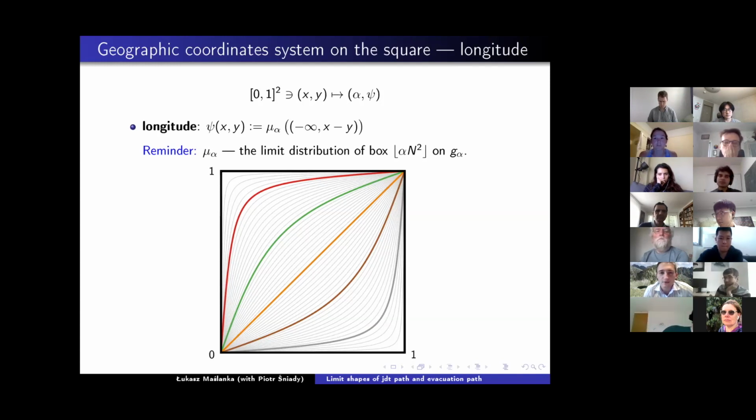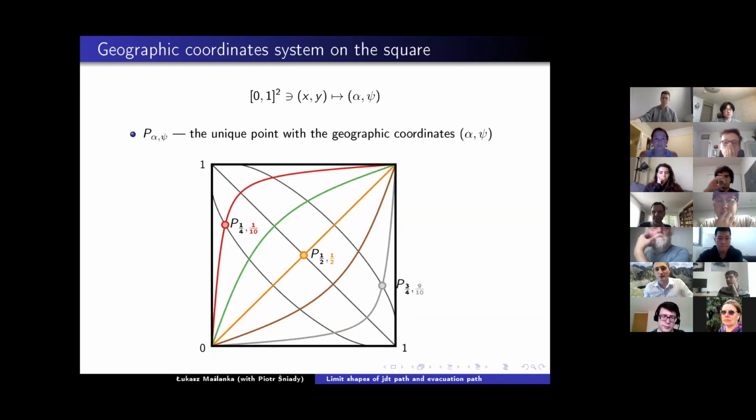Here on the figure, you can see in red the meridian 0.1, in green meridian 0.3, in orange meridian 0.5, in brown meridian 0.7, and in gray 0.9. So here is some system of meridians.